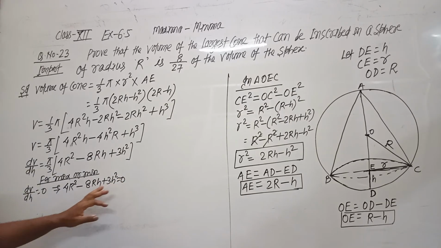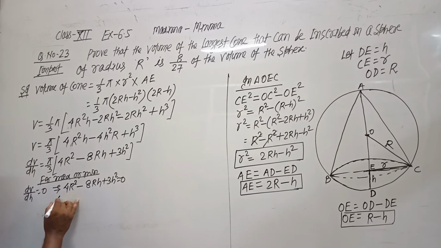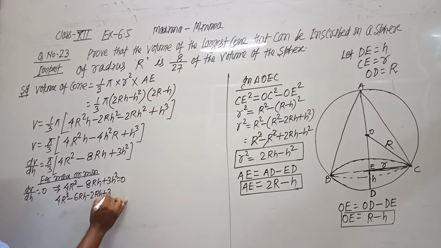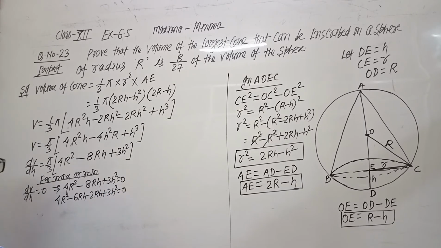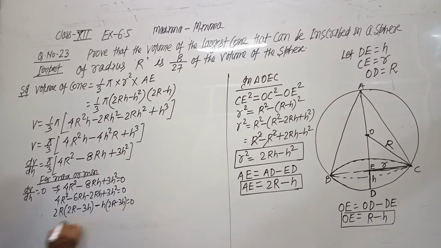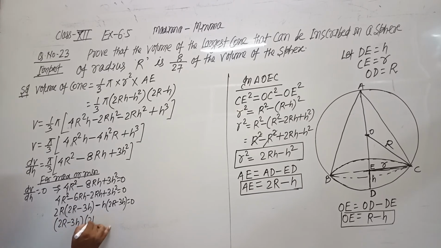Make its factors 6 and 2: 4r square minus 6rh minus 2rh plus 3h square equals 0. From these two terms, 2r is common, so we get 2r minus 3h, and from these two terms, h is common, so 2r minus 3h again common, and 2r minus h equals 0.